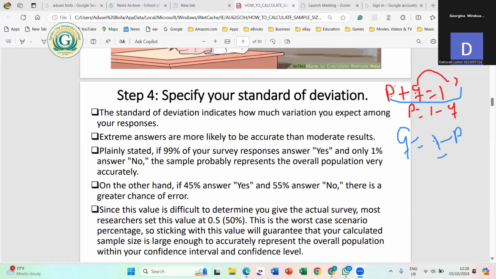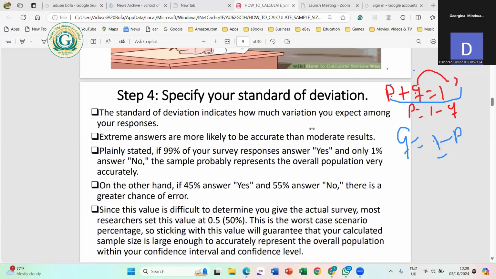But I made mention that getting it in real life is not easy. So most researchers split it as 0.5 and 0.5. But it doesn't necessarily mean it is always 0.5 and 0.5. If someone has done the research and there is information available about P, you can use it.